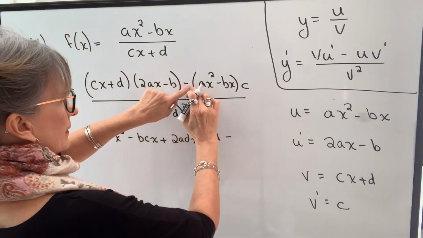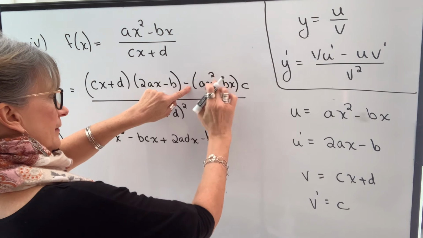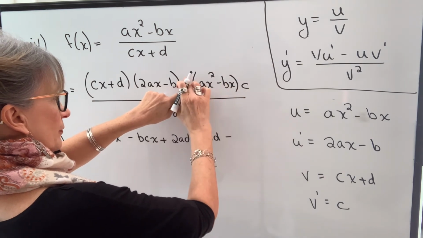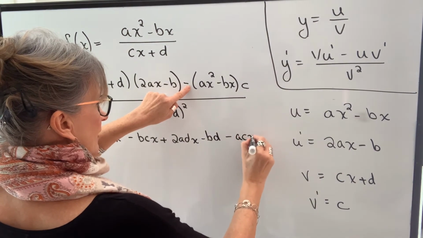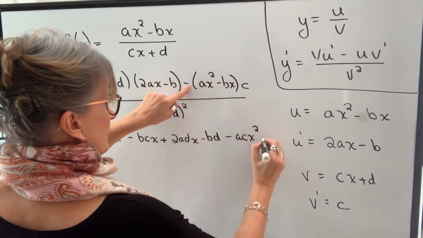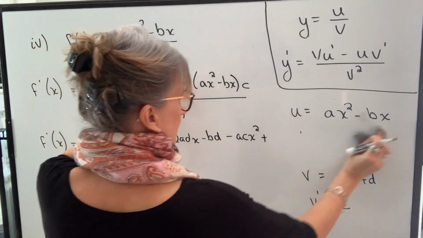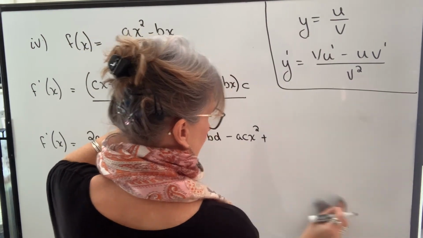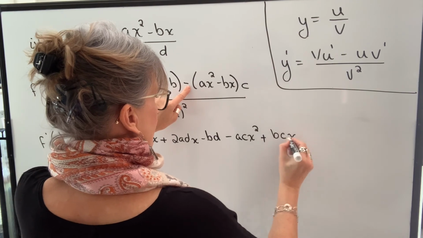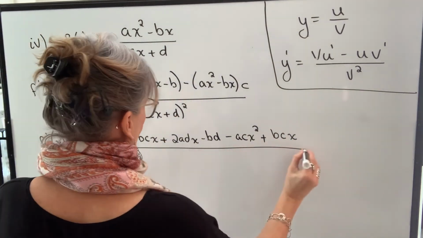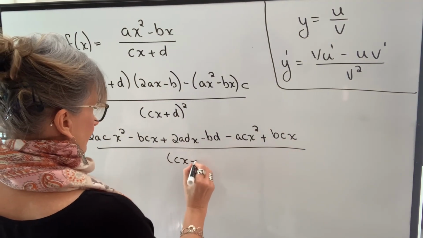Now I multiply both terms by c, and remember I'm subtracting, so it will be minus acx squared, minus minus gives me plus bcx, all over my denominator, which I'm going to leave factored.